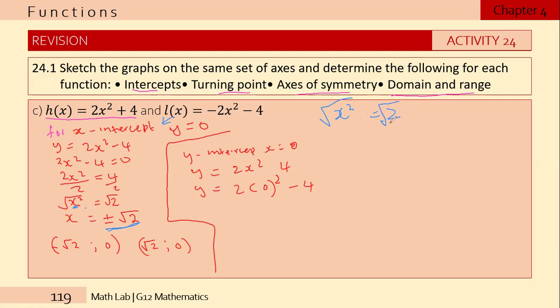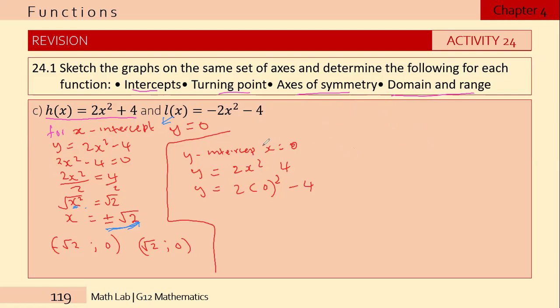So every time you introduce a square root, your answer should be plus or minus. If you are doing math properly, there has to be plus or minus root 2. That's why I wrote plus or minus root 2 here. Okay, sir, so it's plus or minus there.